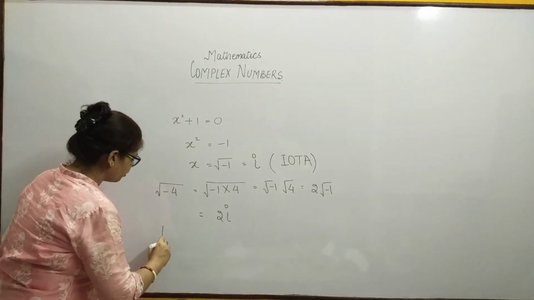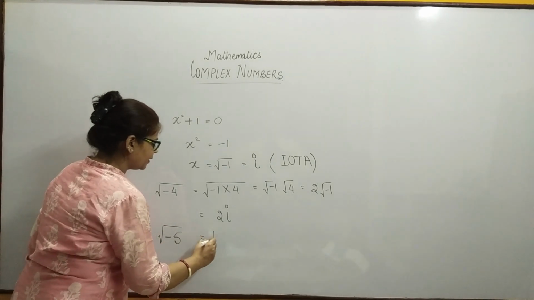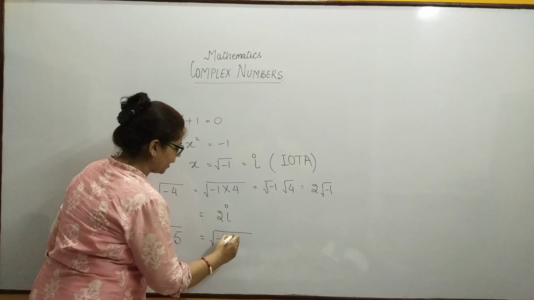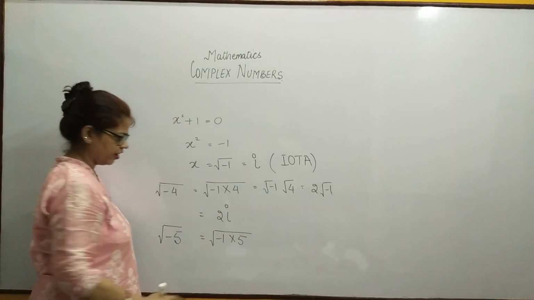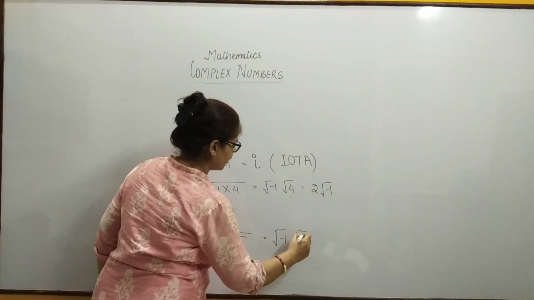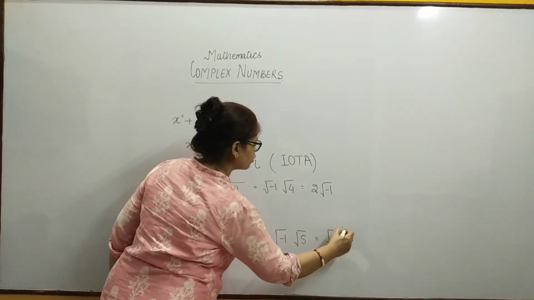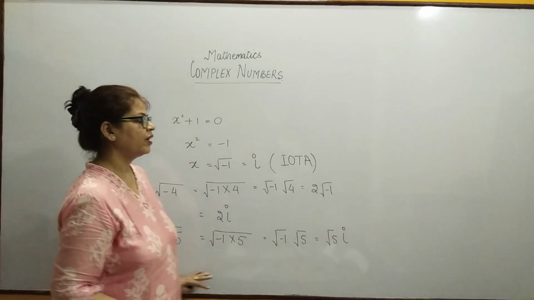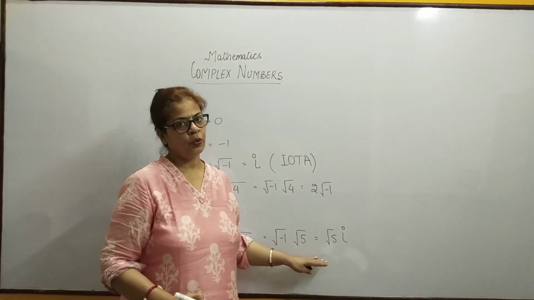Suppose square root of minus 5 is there, it can be written as square root of minus 1 multiplied by 5. So square root of minus 1 and square root of 5. So it can be written as square root of 5 iota or square root of 5i. I hope you understood the concept very well.